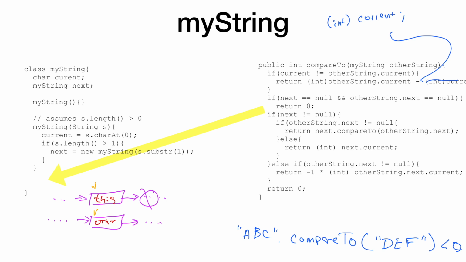So I need to return a number that's less than 1. Right? So that's what this last case says down here. So if we're both not null, then we're going to pass the buck to the next comparison. If one of the two of us is null, then I know the answer and I can calculate it.